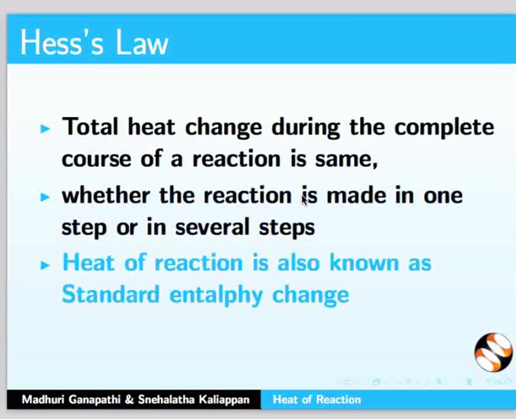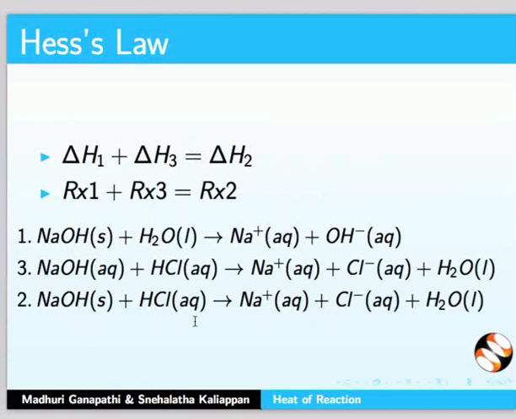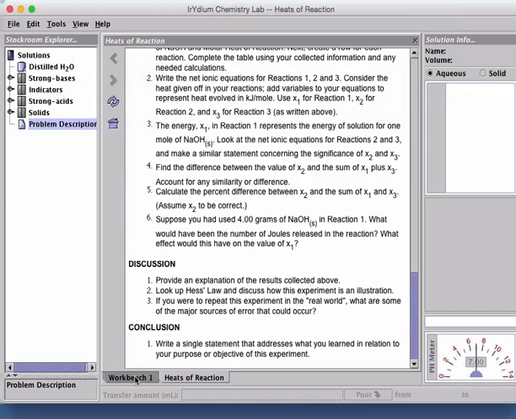Heat of reaction is also known as standard enthalpy change. Delta RH is equal to delta RH1 plus delta RH2 plus delta RH3, etc. Sum of heats of reactions for reaction 1 and reaction 3 must be equal to heat of reaction for reaction 2.